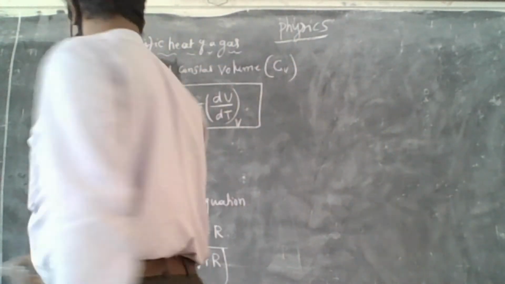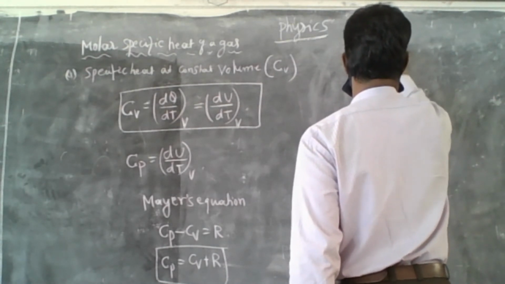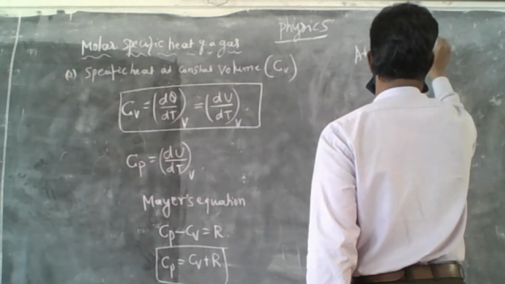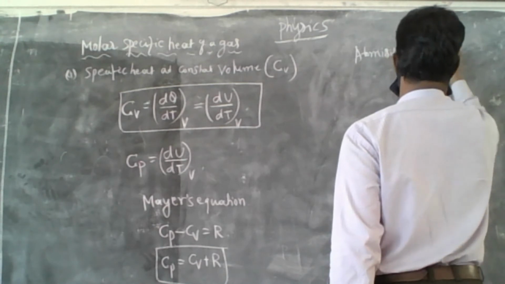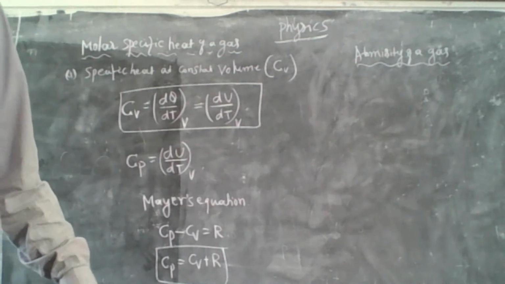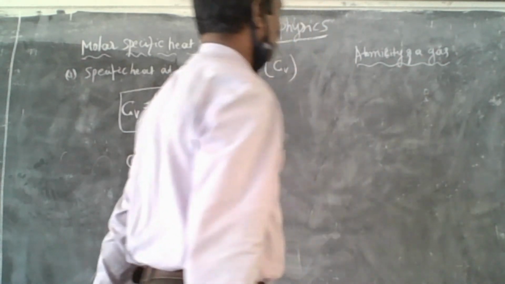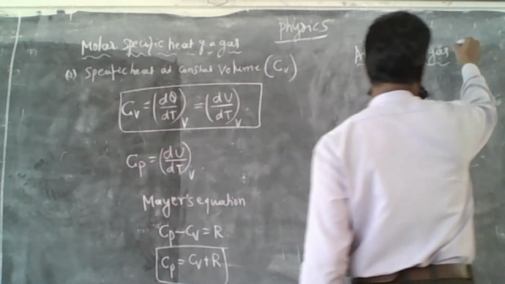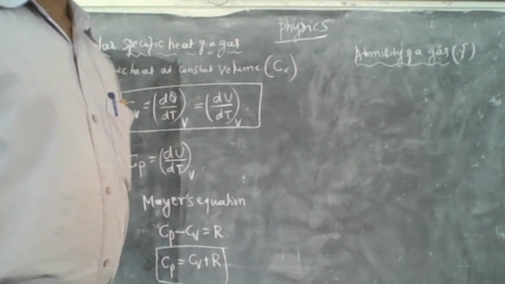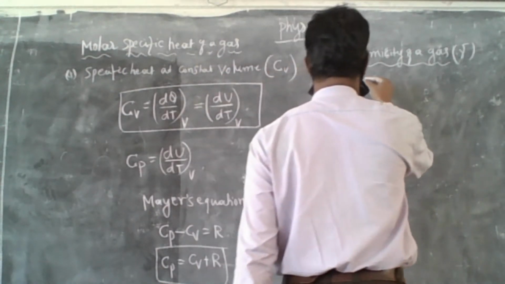Now, atomicity of gases. Atomicity of a gas can be represented by gamma. Gamma is known as the atomicity of a gas molecule. What do you mean by atomicity of a gas?